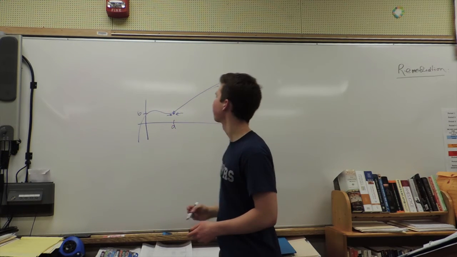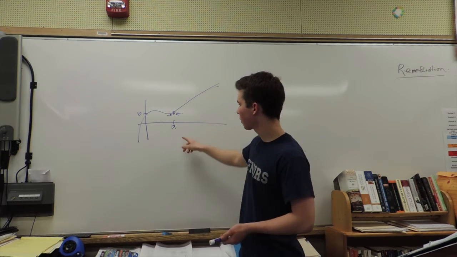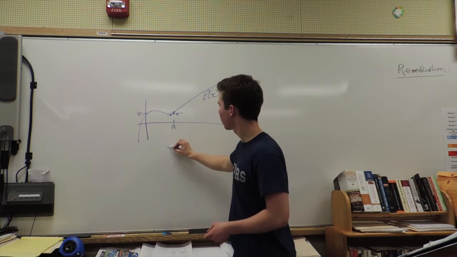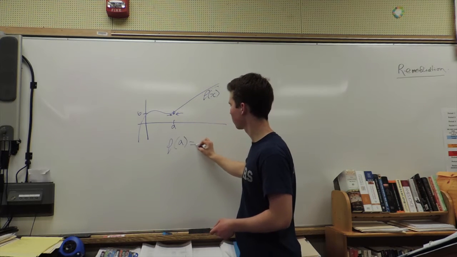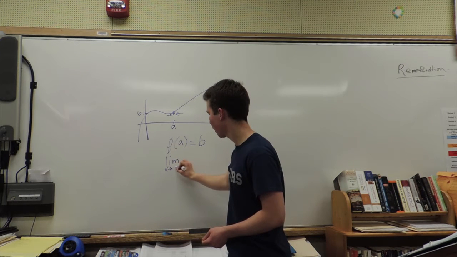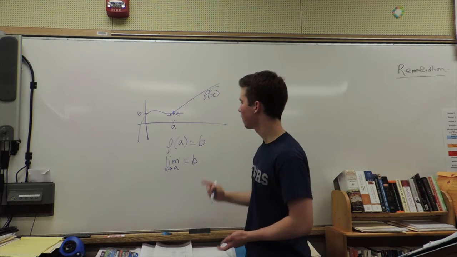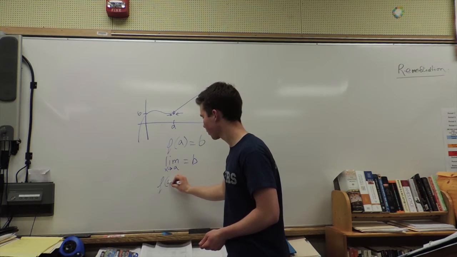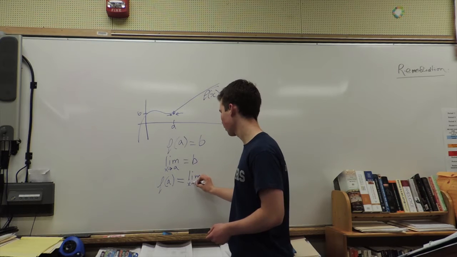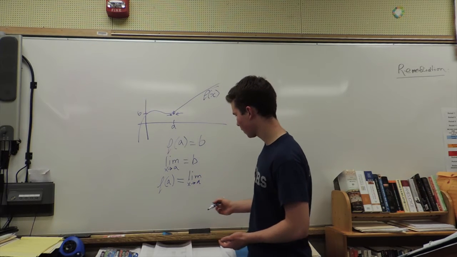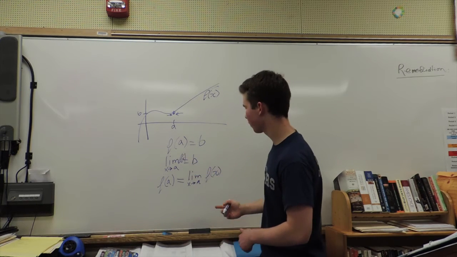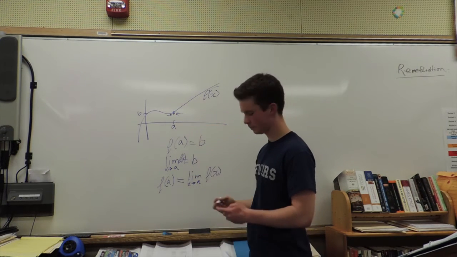Let's call that value B. And if this is f of x, f of A would equal B. And I already said the limit as x approaches A equals B. Now, since the function value at A is equal to the limit as x approaches A of f of x, then we can say that the function is continuous at that point.